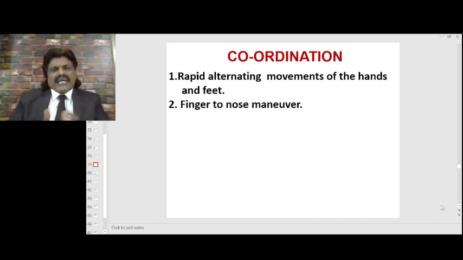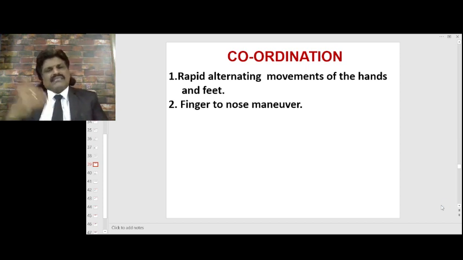If the cerebellum is involved, we cannot switch rapidly, as in rapidly alternating movements of the hand. This is known as dysdiadochokinesia. So ask the person to rapidly alternate the hand movements. If he is able to do it, his cerebellum is intact. If not, his cerebellum is affected.